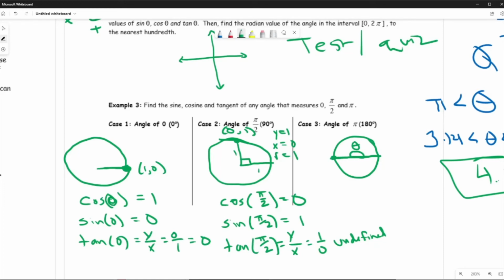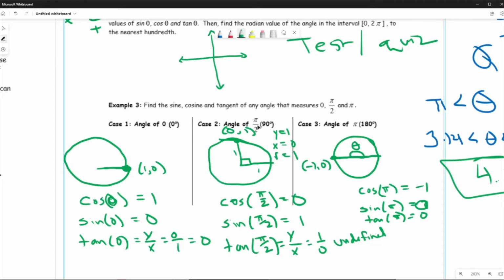The coordinate over here is negative 1, 0, and so the cos of pi is negative 1. The sine of pi is 0, and the tan of pi is also 0. Okay, and those are just some key values for us to use for those angles.